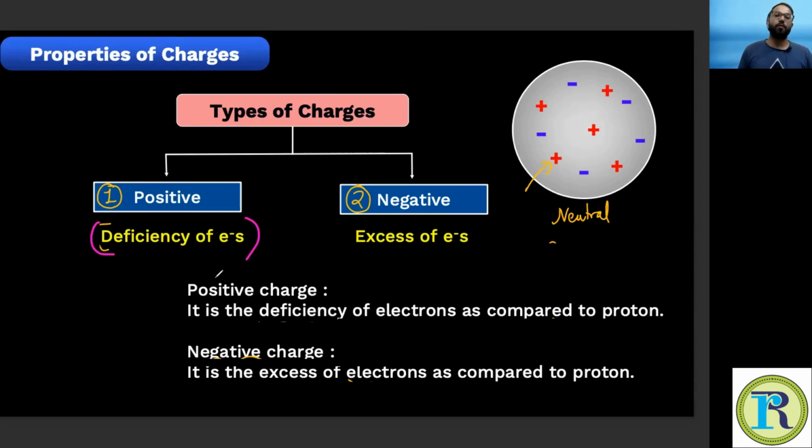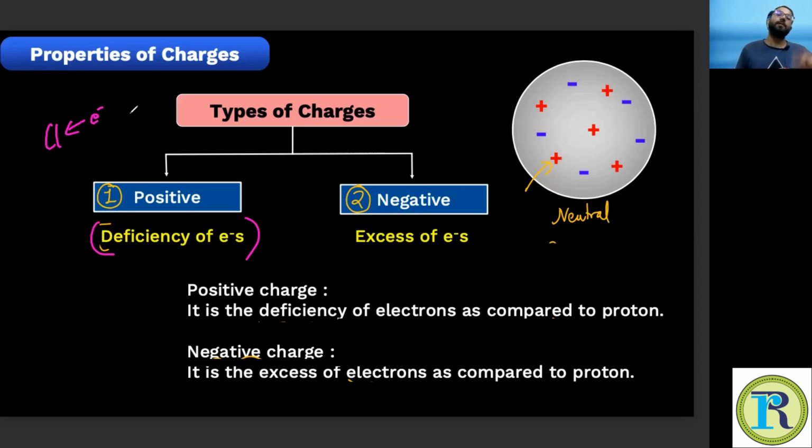And what about negative charges? Those objects which have extra electrons. Let me give one example. Consider chlorine. Everybody knows the electronic configuration of chlorine. If it acquires one extra electron, it will attain its stable configuration.